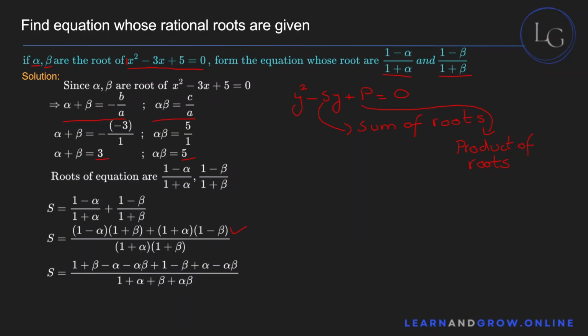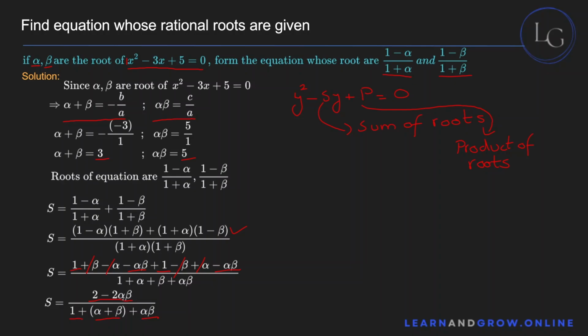Upon further multiplications and simplifications, you'll cancel out the plus beta and minus beta, you'll cancel out the minus alpha and plus alpha, that's it actually. So you'll add up the 1 and the 1, and you'll add up the minus alpha beta and the minus alpha beta to get 2 minus 2 alpha beta. And in the denominator, this just becomes 1 plus alpha plus beta plus alpha beta.